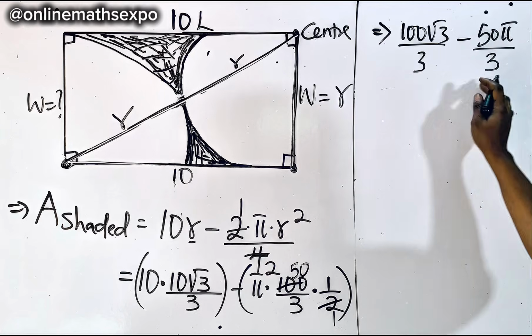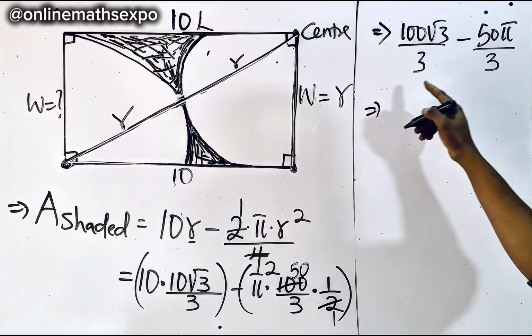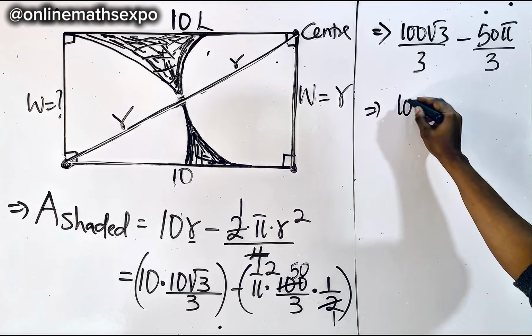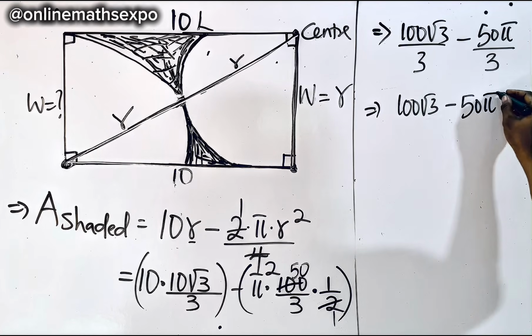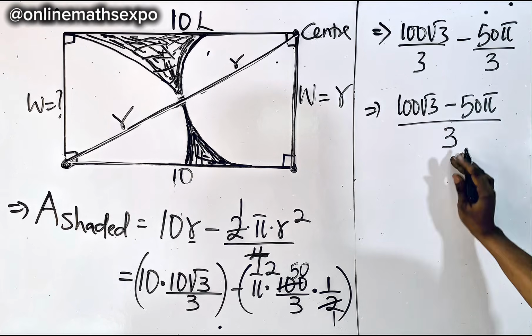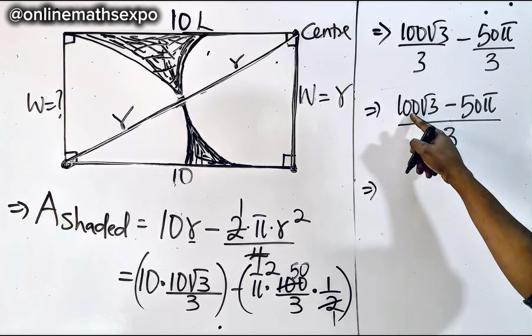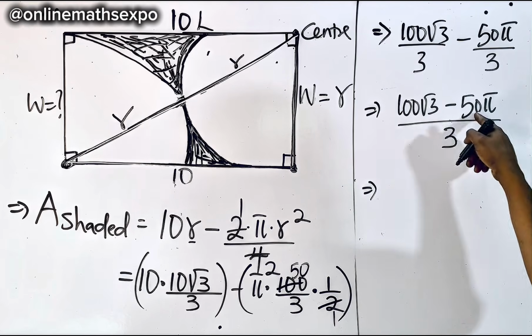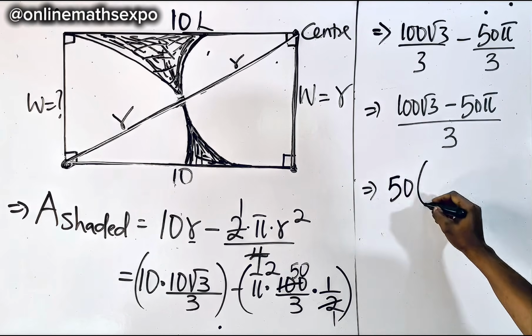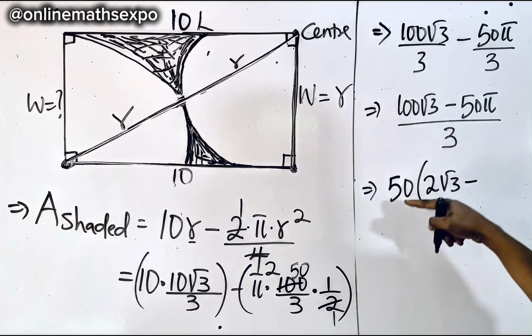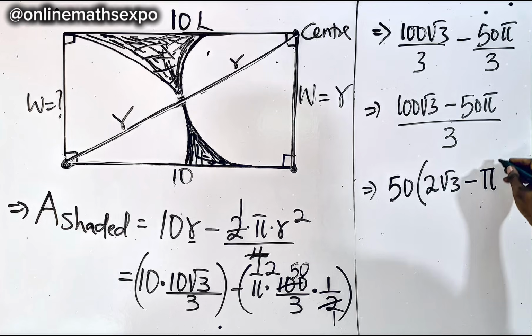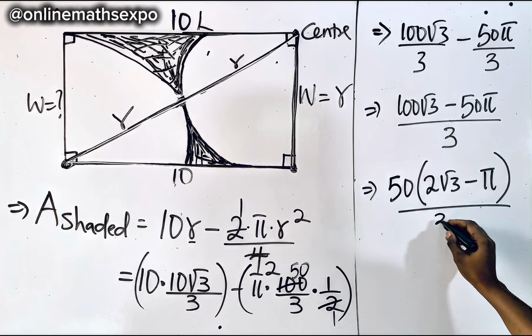Denominators are the same, so use 1 as the LCM. So we have 100 root 3 subtract 50 pi, all divided by 3. So you can factor out 50 here. So we have 50 into 2 root 3 minus pi, then divided by 3.